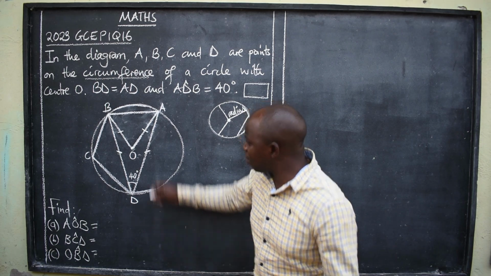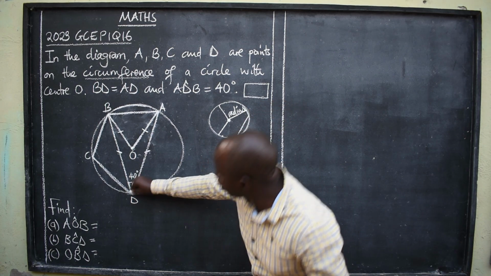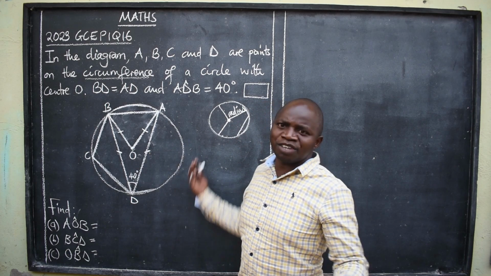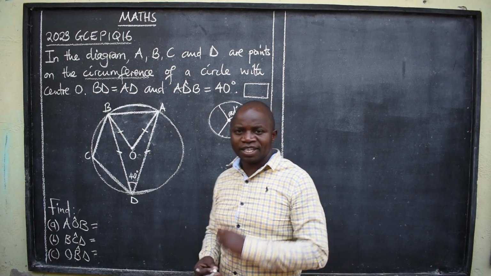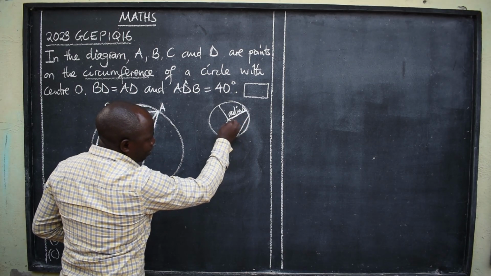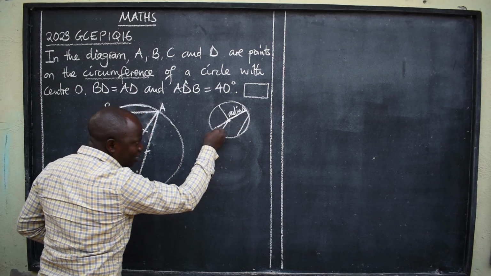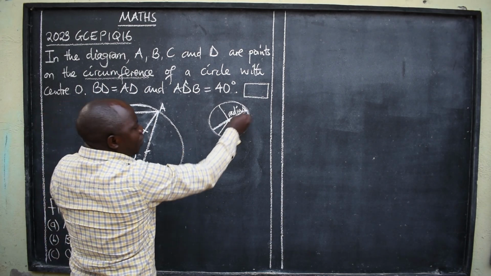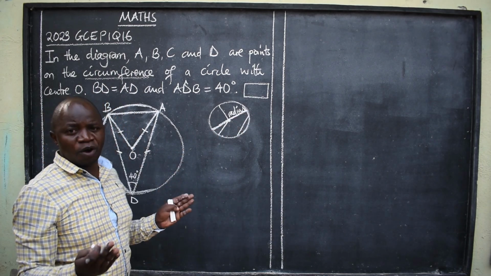I can make another one from here to there, I join, that will be the same thing. From here to that, that will be the same thing. Is that clear? When you extend this radius to the other side, like this, it is now dividing the circle into two equal parts.